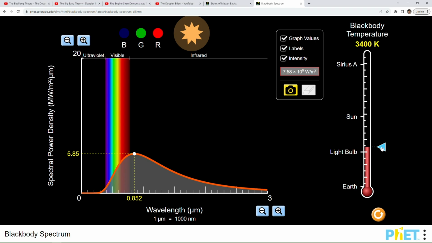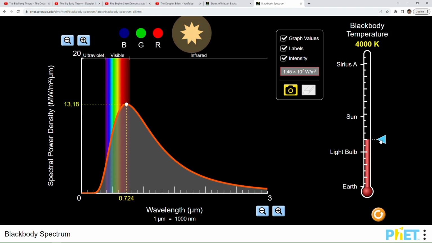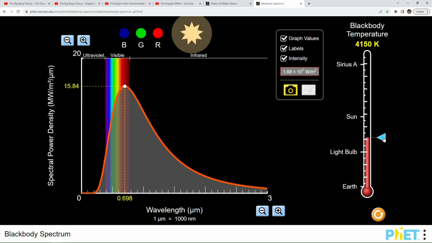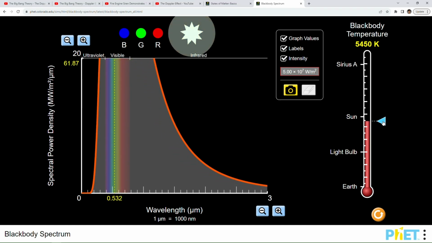And if we increase the temperature, you can see it starts to emit more in the orange and yellow parts, but still much less blue and violet. You can see the color is yellowish. If we increase the temperature further, you will basically get a pure white star.